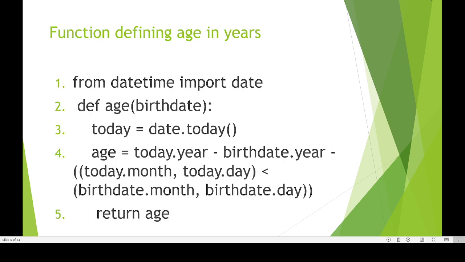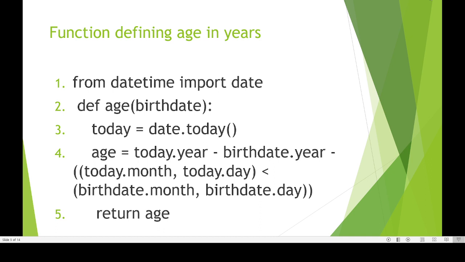With this we can write a function. Here I have shown you a function age with argument date of birth. Before running this code, we need to execute from datetime import date, that means we should import date and time. At the very beginning, first read today's date.